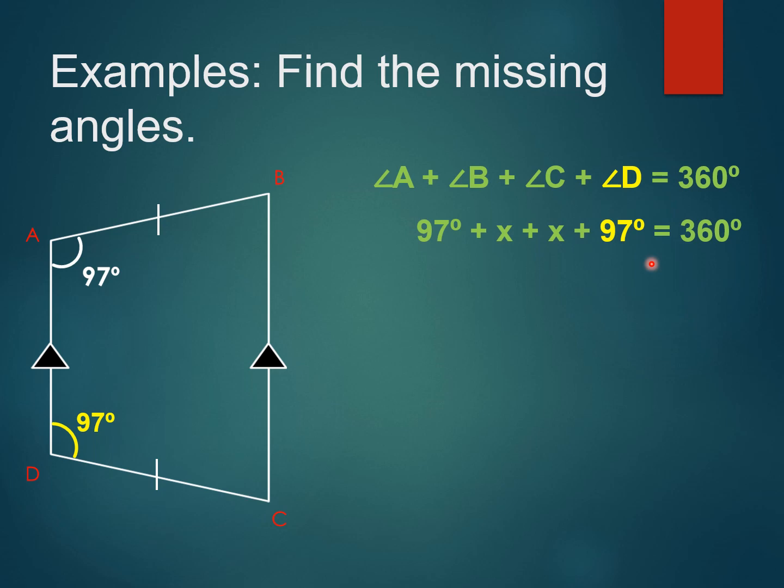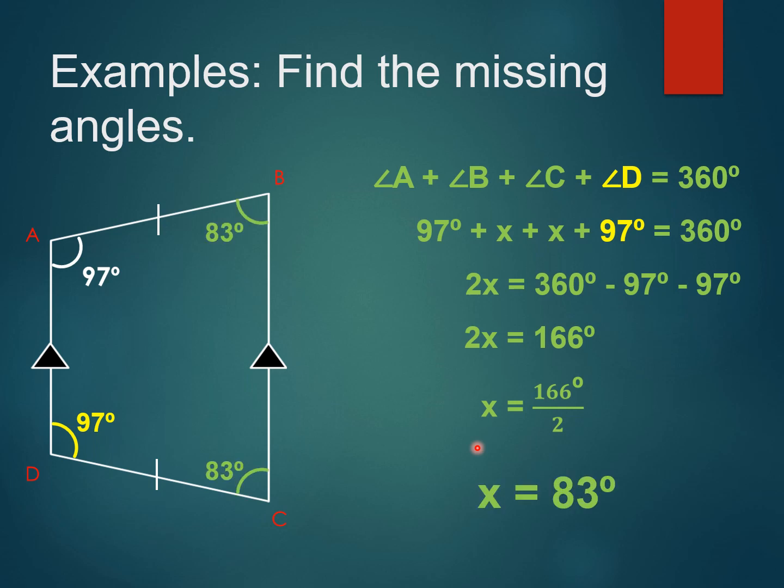Combine similar terms, we have 2x is equal to 360 degrees minus 97 minus 97. We have 2x is equal to 166. We're going to divide 166 by 2. That way, we get the value of x, which is 83 degrees. So the value of angle B is 83 degrees, and angle C is also 83 degrees.